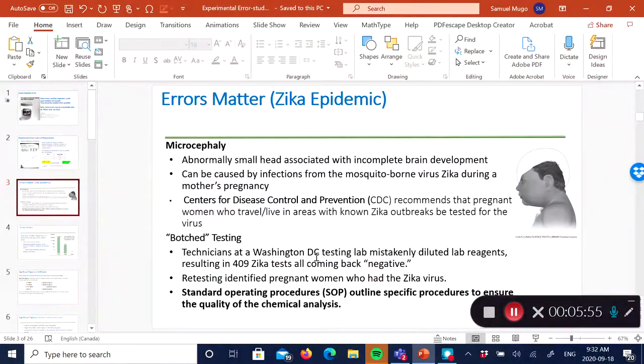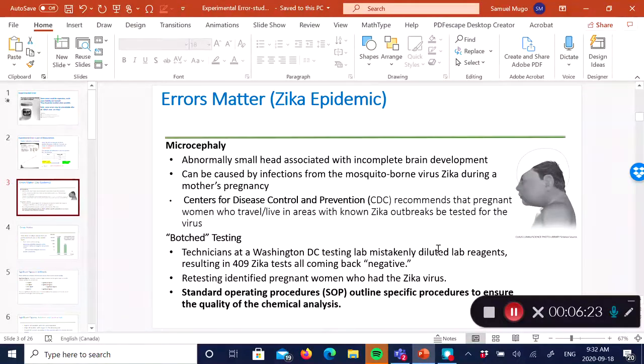Unfortunately, in the US, in Washington, D.C., there was a botched testing where the reagent that was used to test this virus was not quantified properly in terms of its concentration. And so up to 400 Zika tests came back negative. And yet after retesting, some of those negative tests are actually positive.